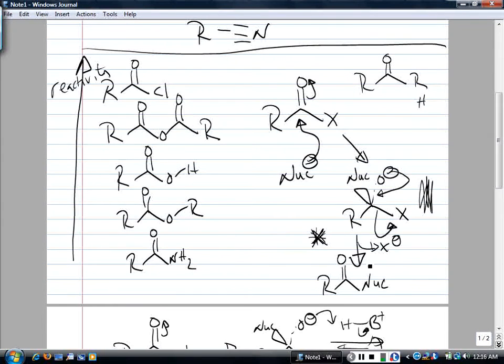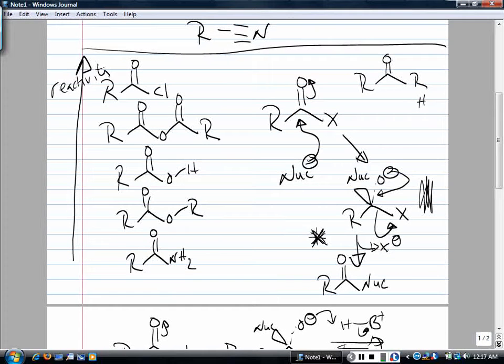And so the loss of chloride is a facile process, so this is also a fast step. The acid halide is very reactive. The carboxylate doesn't pull electrons as effectively as does the chloride, nor is it as good a leaving group, and therefore it's not as reactive as the acid halide, because both of these steps are slower.